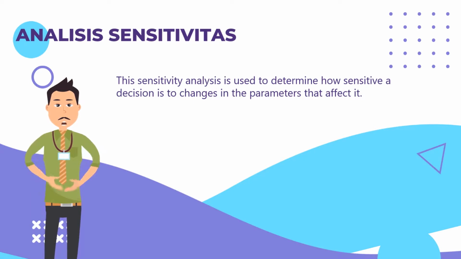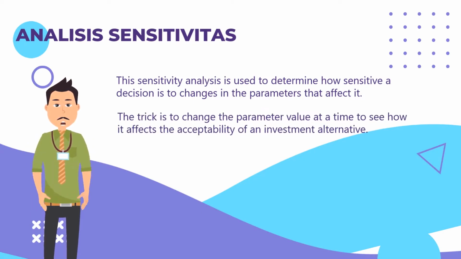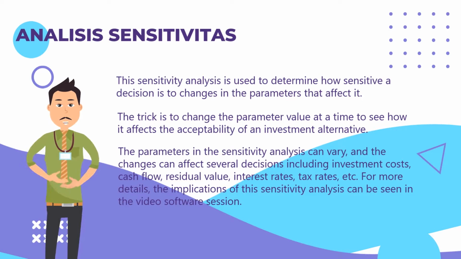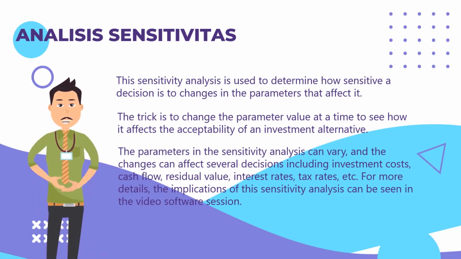The trick is to change the parameter value one at a time to see how it affects the acceptability of an investment alternative. The parameters in the sensitivity analysis can vary, and the changes can affect several decisions including investment costs, cash flow, residual value, interest rates, tax rates, etc.